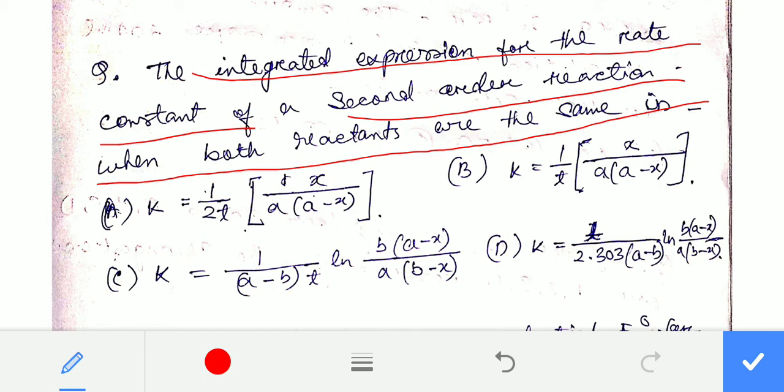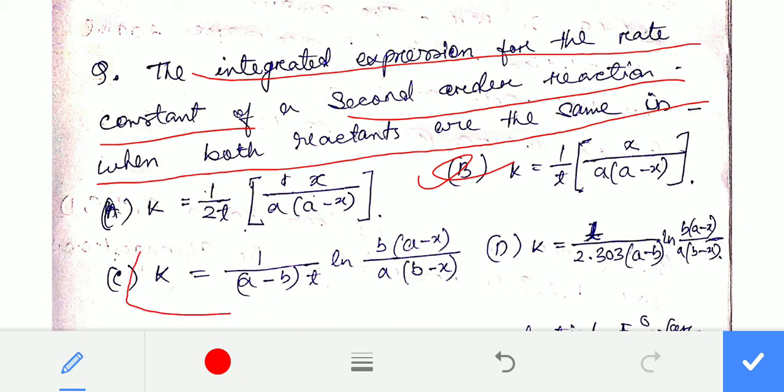When the reactants are the same, as mentioned in this question, the rate constant can be given as 1 by t into x by a into (a minus x), where x is the concentration of product at any time t, and a is the initial concentration of the reactant, and a minus x represents the concentration of the reactant at any time t. So for this question, option B is the right option.